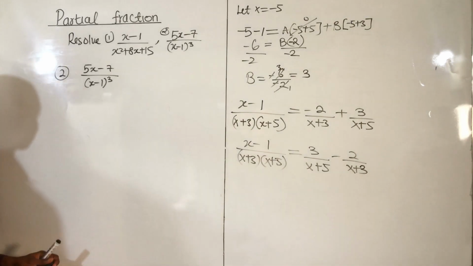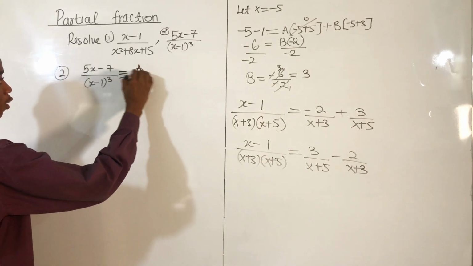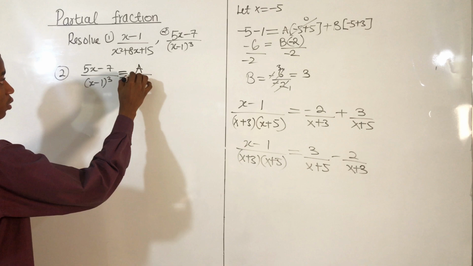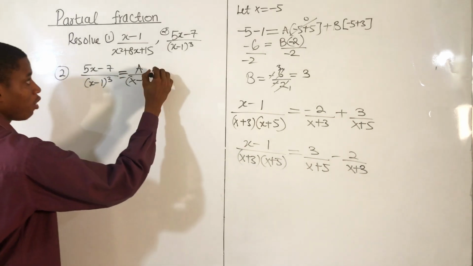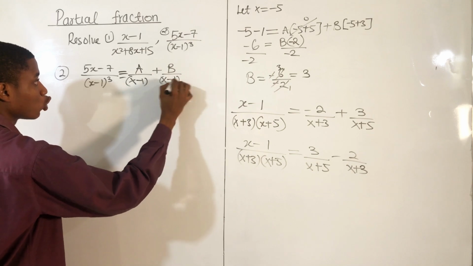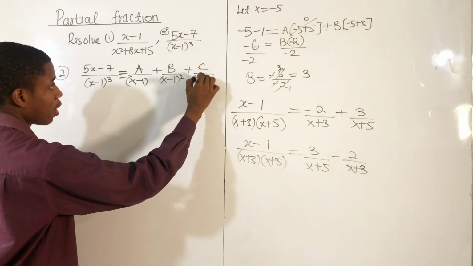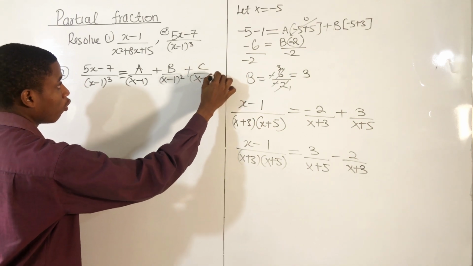Assuming this, we have A over x negative 1 for the first, plus B over x negative 1 squared for the second, plus C over x negative 1 cubed for the third.